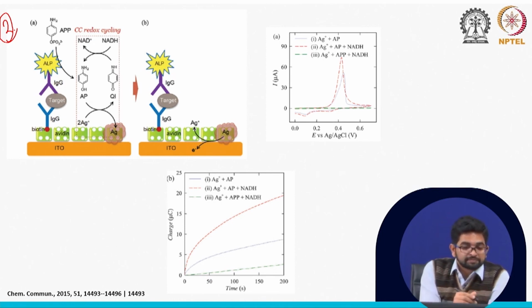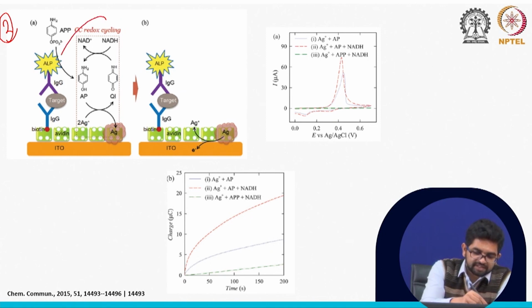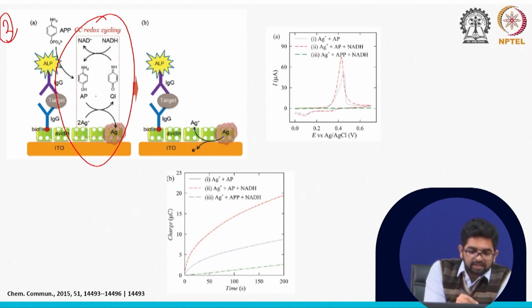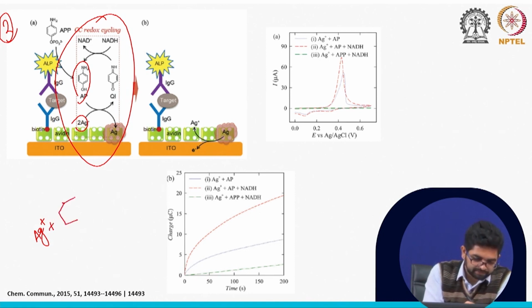You may think. See, here is the basic chemistry in this example. What is this? See, if you have aminophenol, AP, and silver ion.